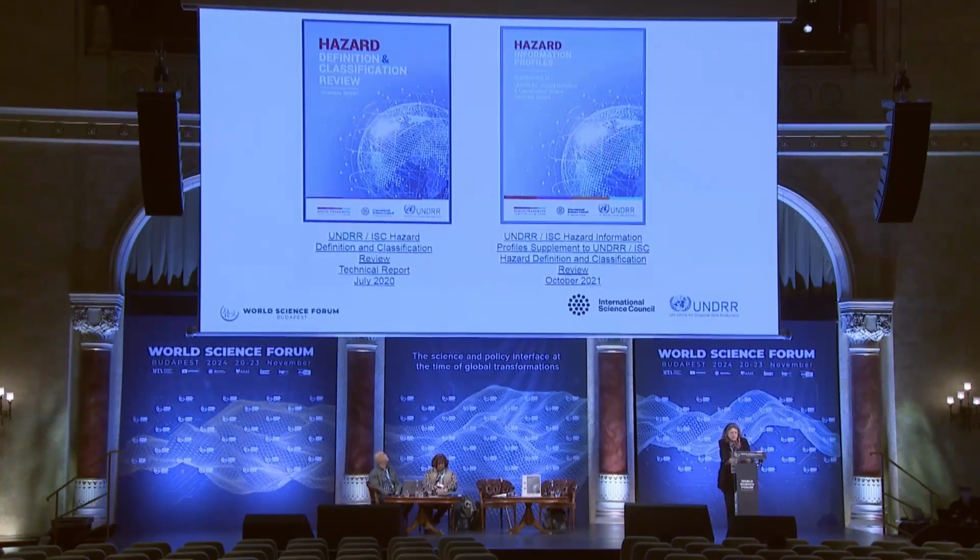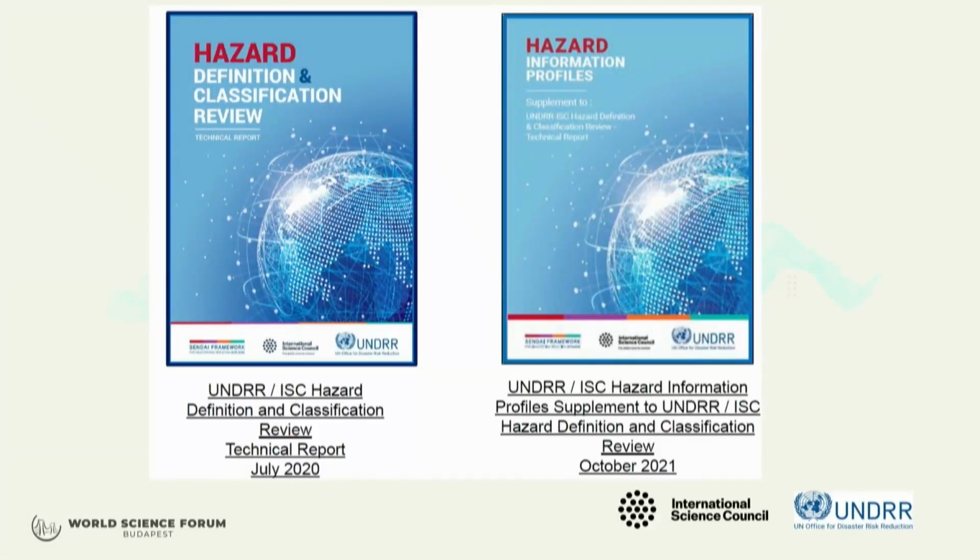When we were reviewing how the Sendai Framework Monitor was working, it became apparent that there were problems with how countries and UN member states understood what the all hazards approach was. And in 2018, we discussed this, and in 2019, I was asked to chair a working group on how we could understand hazard definition and classification and how we might interpret this for hazard information profiles.